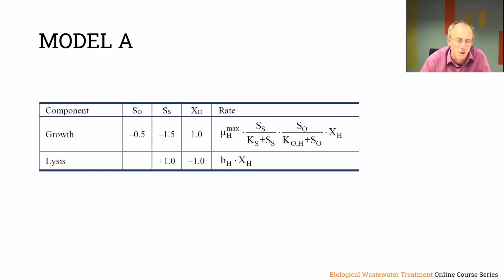Remember that here the oxygen is described as milligram oxygen per liter, and oxygen is negative COD, so the COD balance reads here minus 0.5, minus 1.5 plus 1 should be equal to 0, and that is also what is happening. And also for the lysis process, the COD balance will hold.